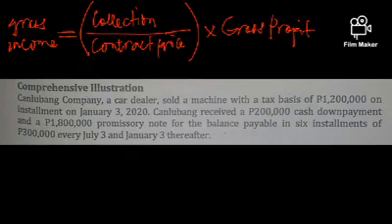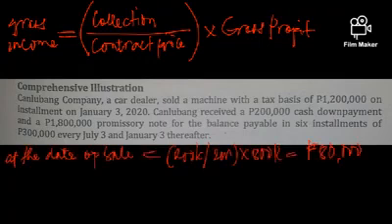So at the date of sale, which is on January 3, 2020, Canlubang Company shall recognize the gross income of 80,000 pesos. So this is determined by dividing the collection, which is the 200,000 pesos cash down payment, with the 2 million pesos contract price and then multiplied by the gross profit of 800,000 pesos.